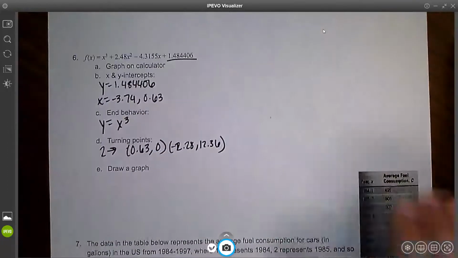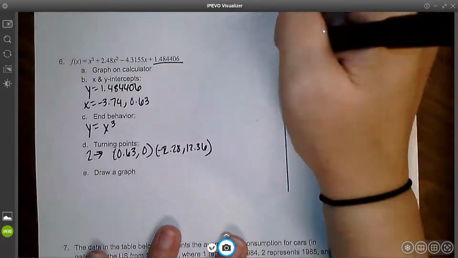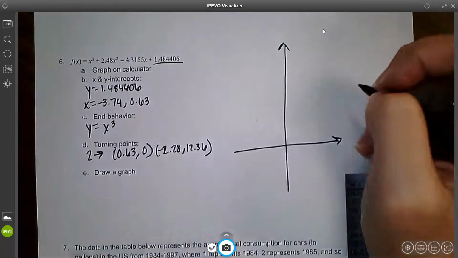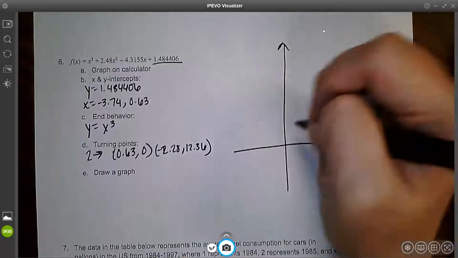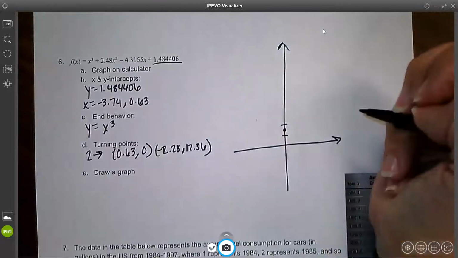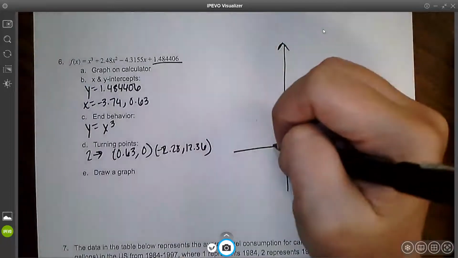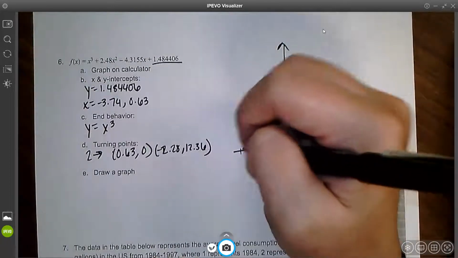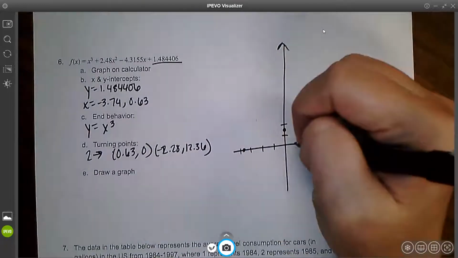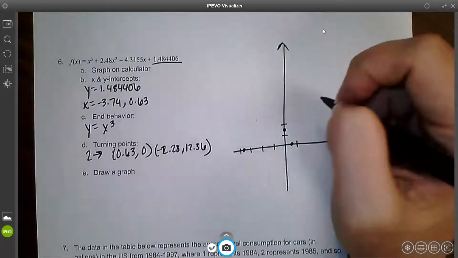And then I'm just going to sketch my graph. So I have my y-intercept at about 1.5. It's really close. My x-intercepts are at about negative 3 3/4, and 0.63 here.